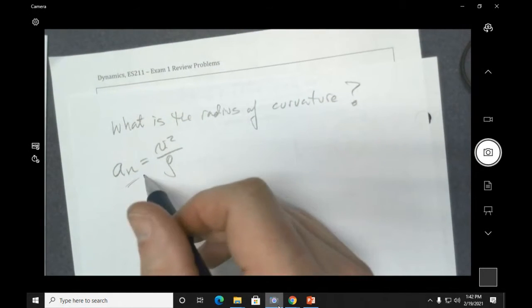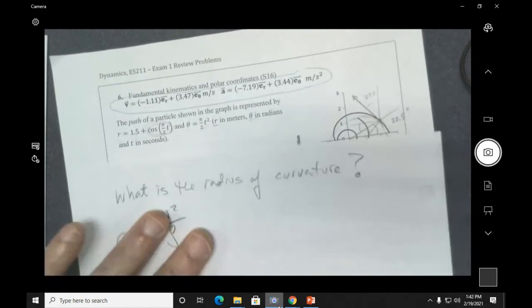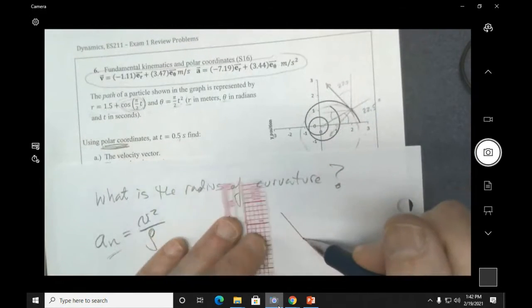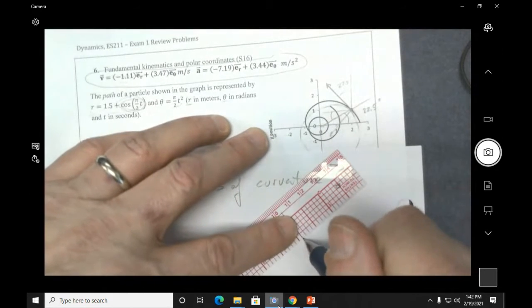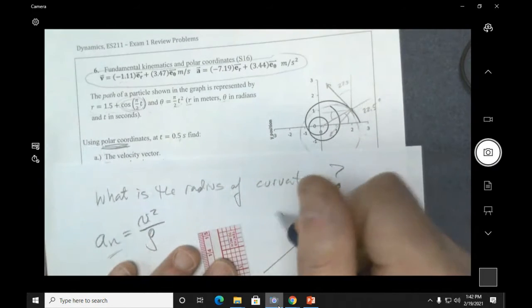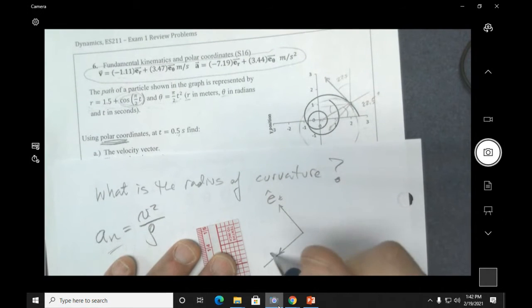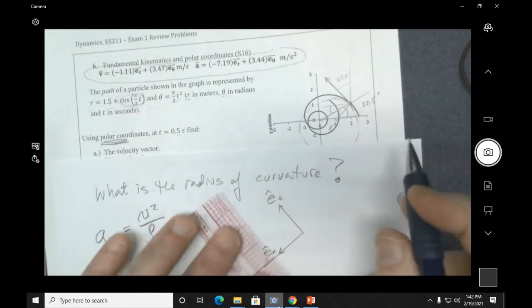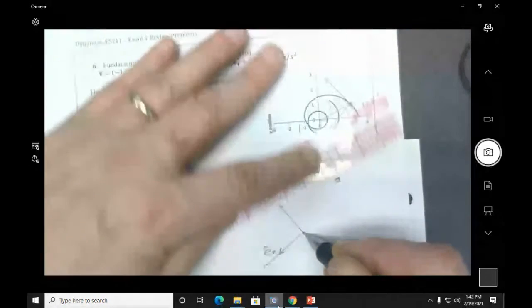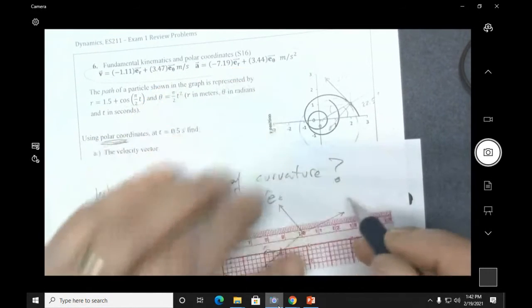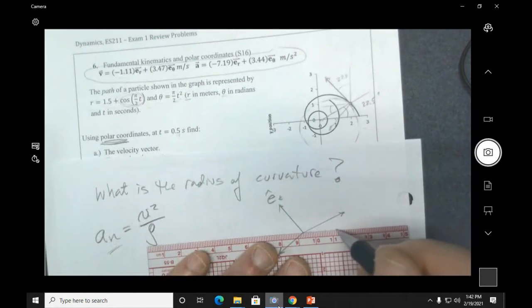So what you would do now, you need to take a transformation of this, right? So we would take ET and EN, and then the angles would be kind of obnoxious to see.